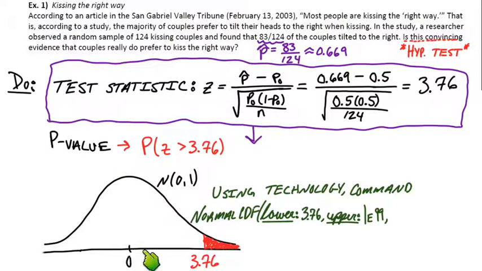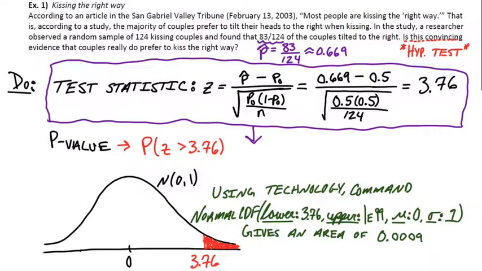The mean for z-scores here, the standard normal curve, is 0. The standard deviation is 1. Which gives a really, really, really small area of 0.0009. So our p-value is actually really small in this case. We're definitely going to end up rejecting the null hypothesis.